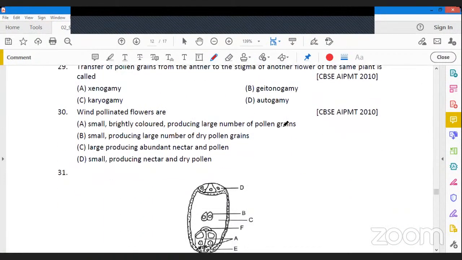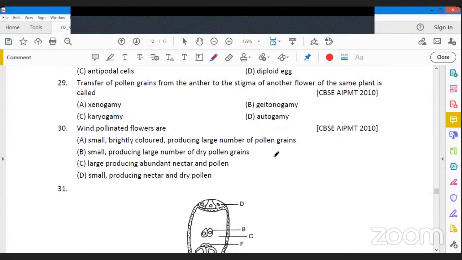Then transfer of pollen grains from anther to stigma of another flower of the same plant is called. Done. So here it is geitonogamy. So same plant is geitonogamy.